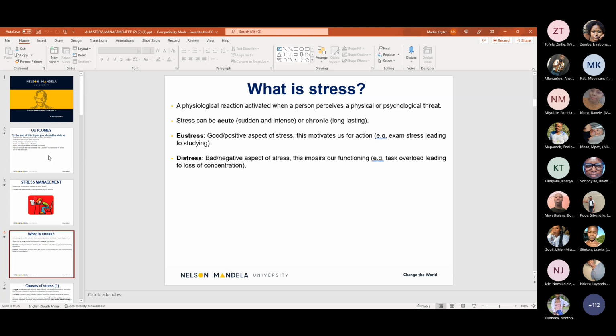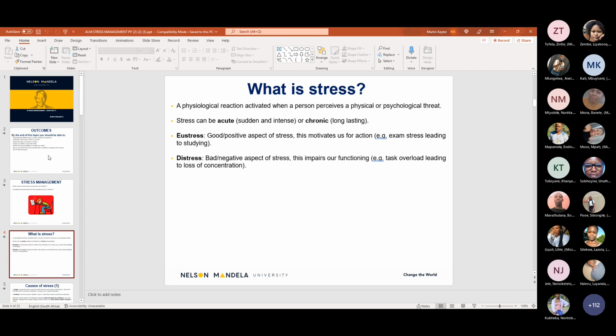When we physically pick up changes in our body that show us stress, it's also the way the body assists you in coming into action. So all of a sudden you go into action and you start sitting next to your study and start studying. That is the positive side of stress, and that's what it's called, eustress.